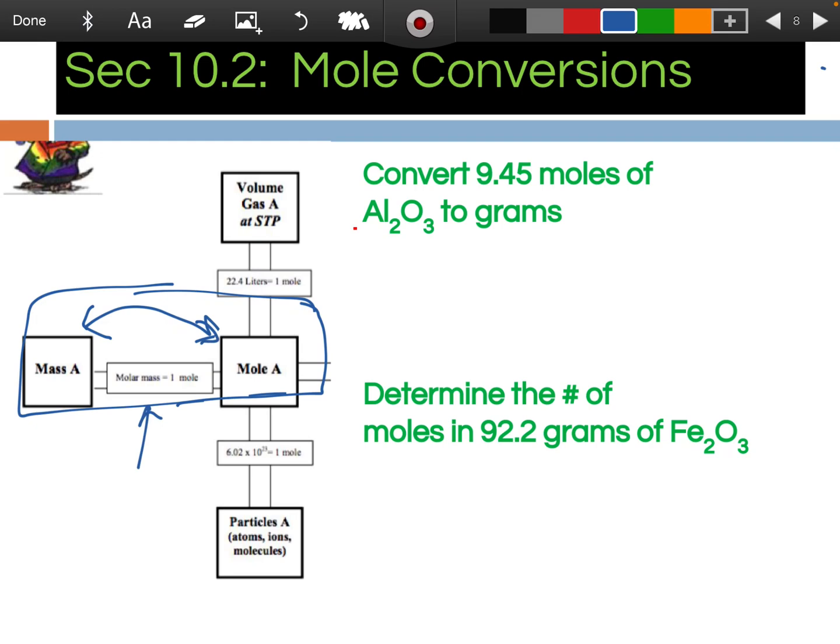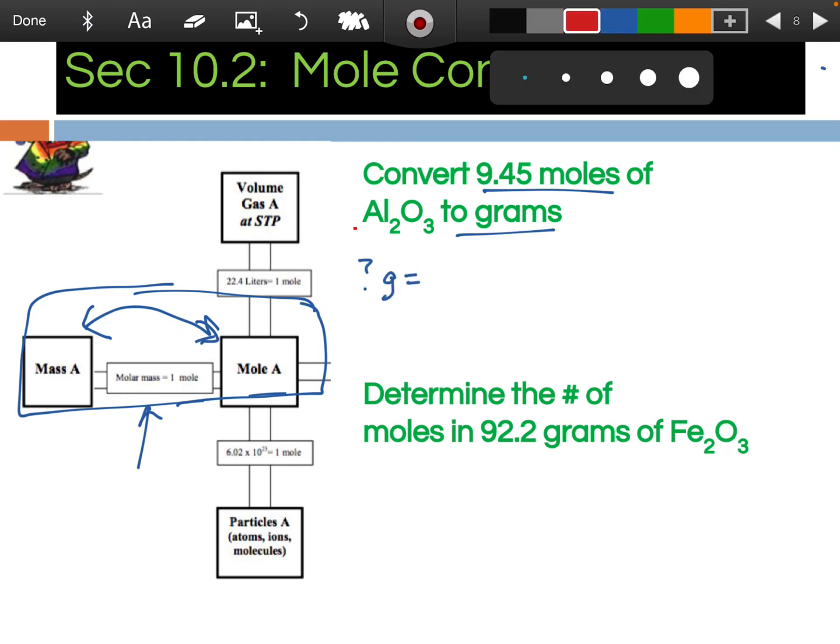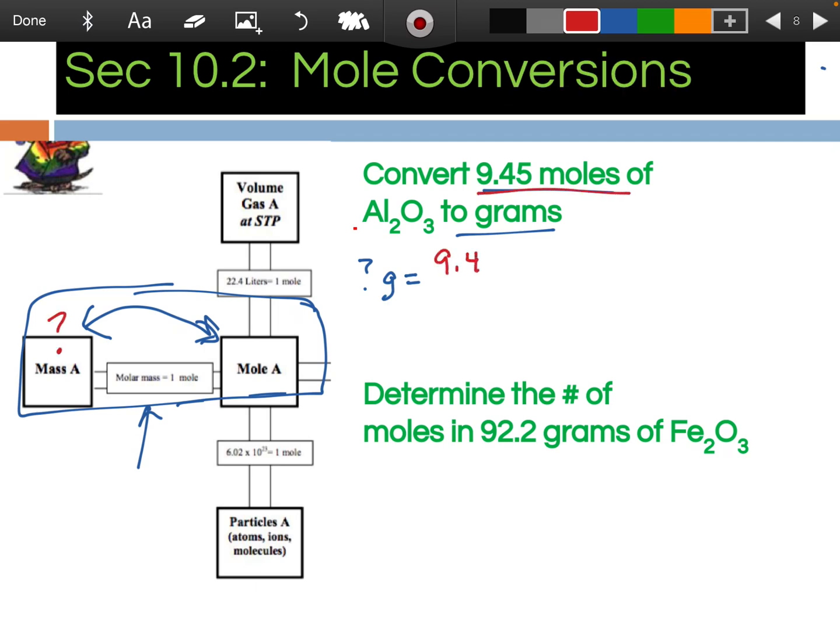All right, so the first one, convert 9.45 moles of Al2O3 to grams. So we want to end with grams, so we're going to put question mark grams. So here's our question mark. And we know that we have 9.45 moles. So moles is our starting point.